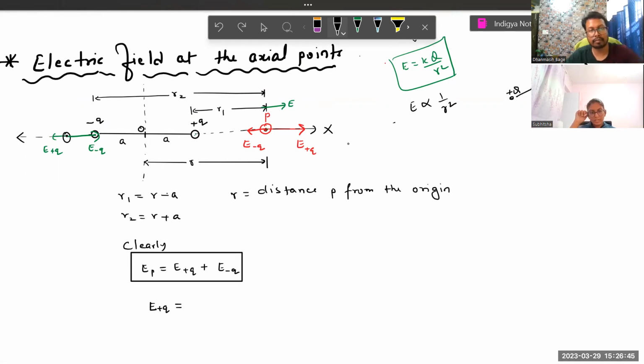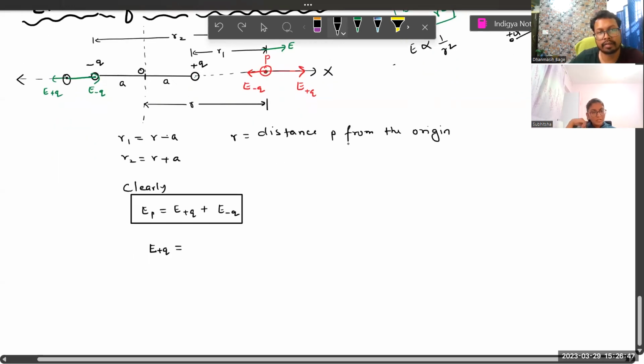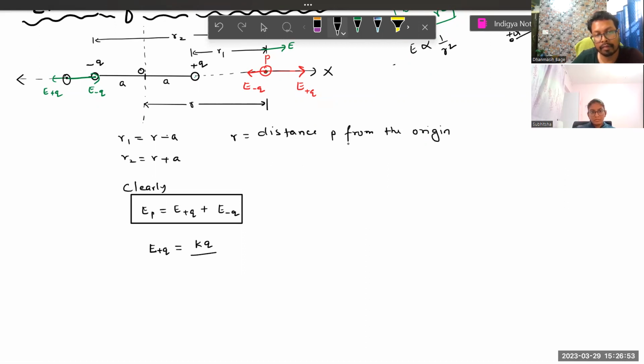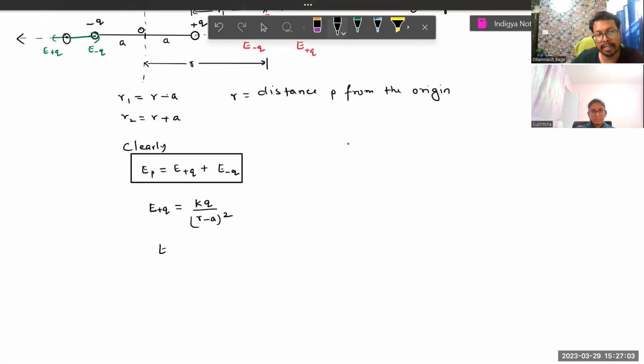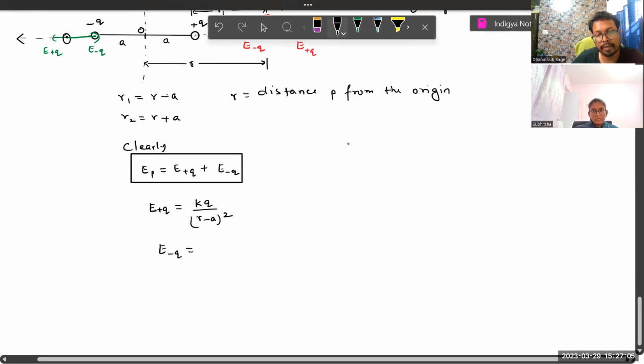KQ by R minus A square. Correct. KQ by R minus A whole square. Okay. Similarly, E minus Q will be equal to what? Don't put negative sign, right?